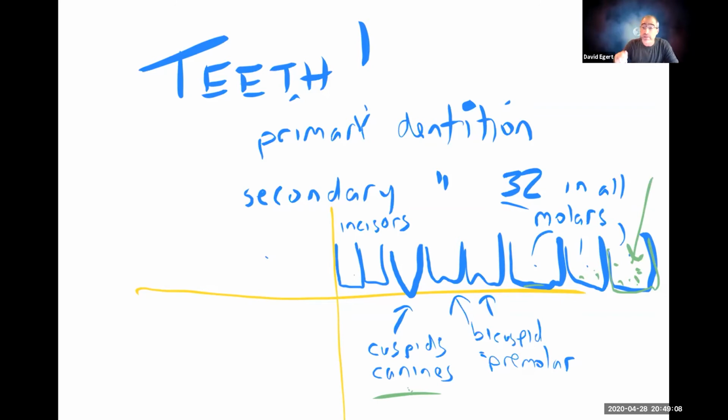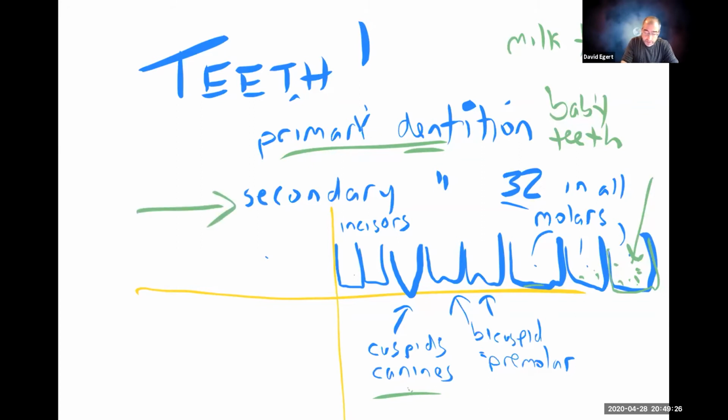But we'll talk about that later. So teeth: primary dentition, your baby teeth, sometimes called the milk teeth, and your permanent or secondary dentition. Let's look at a tooth.